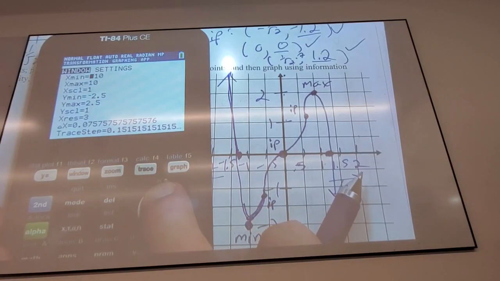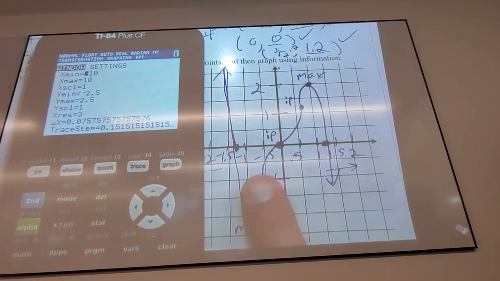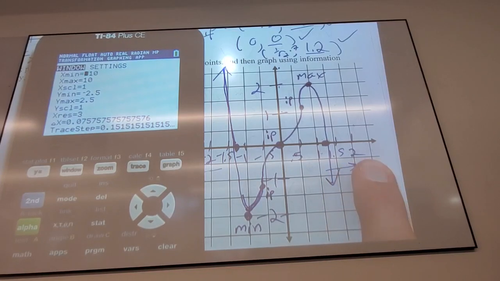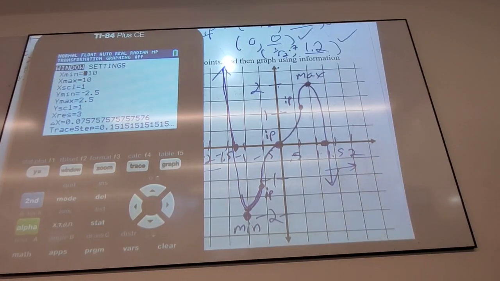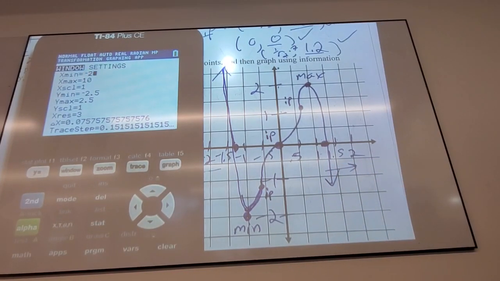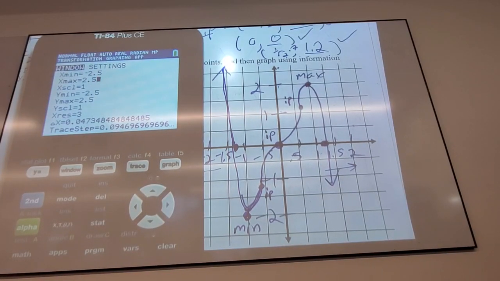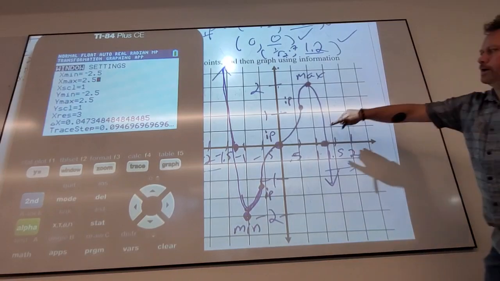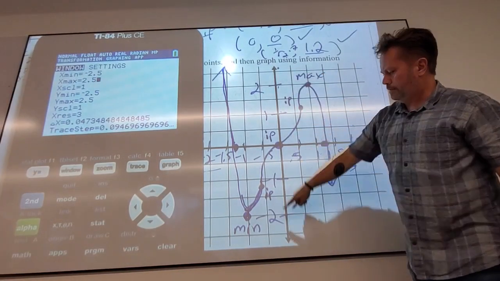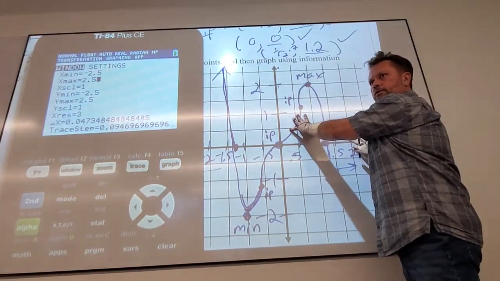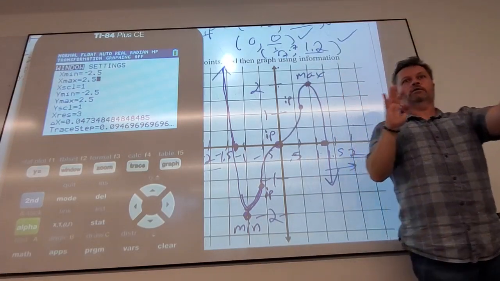You don't have to do this, but it's better. My y scale goes up to 2.5 also. Negative 2.5 to 2.5. I'm just changing my y max and my y min to match what I did so that it compares easier.